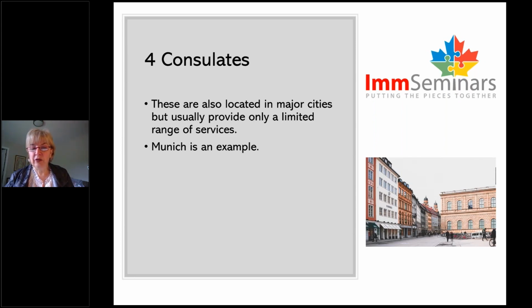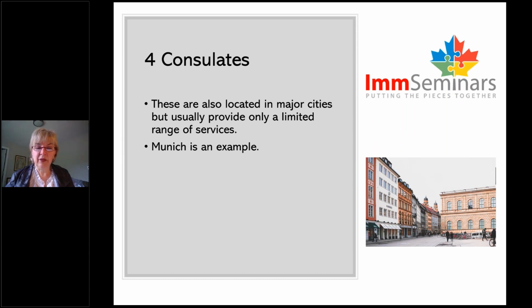Consulates are also located in major cities, but usually provide a limited range of services. Munich is an example of that, and they may have what we call consular services, which is services to Canadians in distress, but they would not, for example, be normally undertaking any kind of immigration-related services.